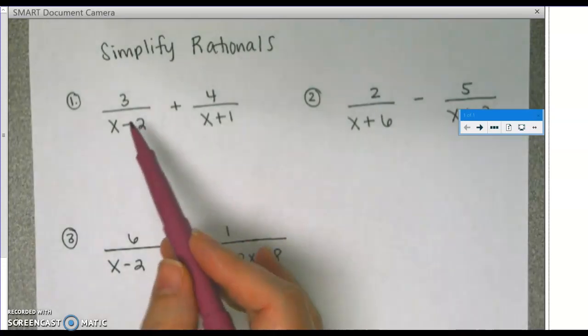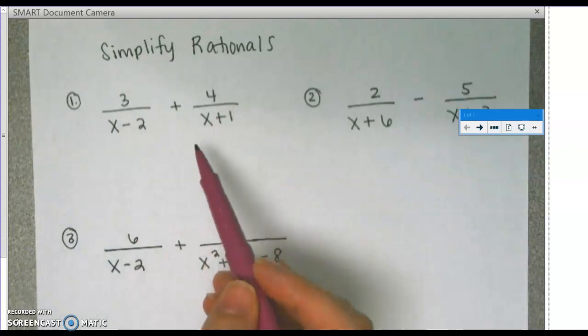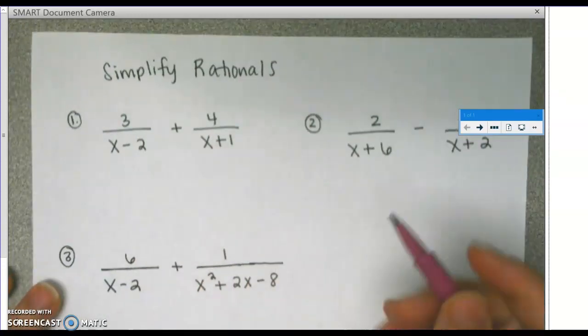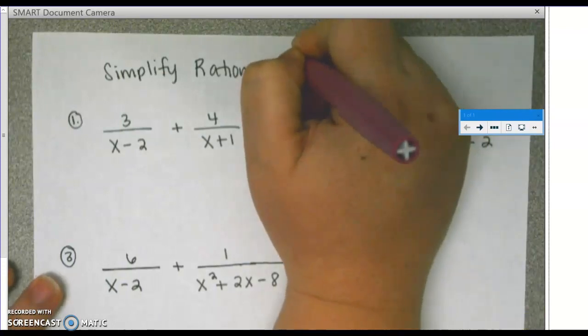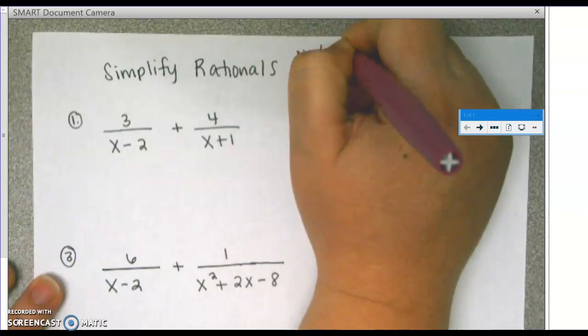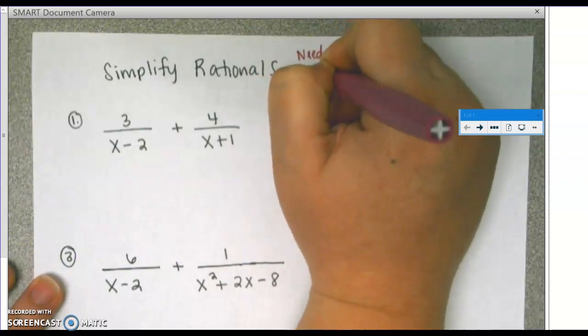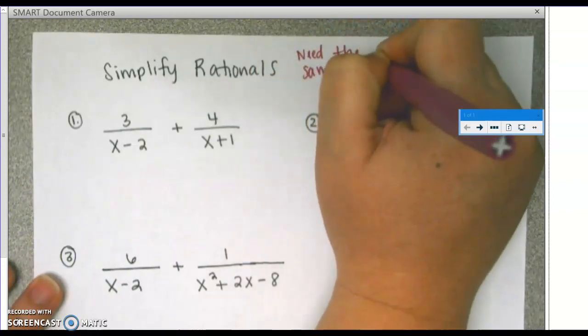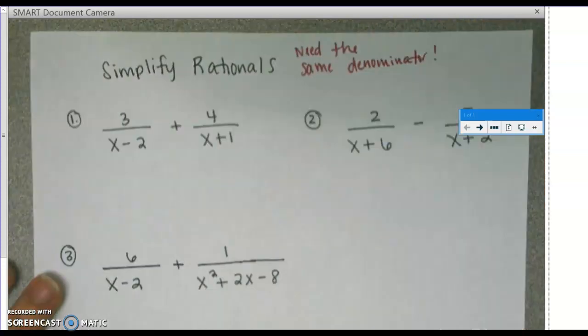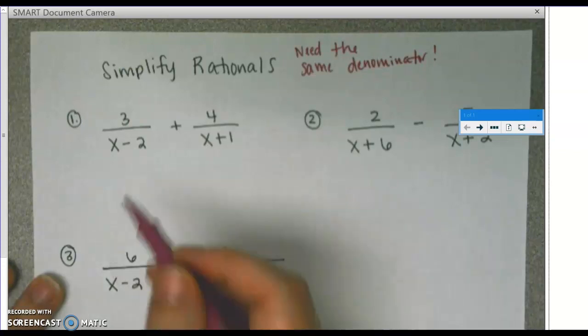Whenever you are adding fractions together, you can only add or subtract them with the same denominator. So that's like the main rule. Now, we want them to have the least common denominator.